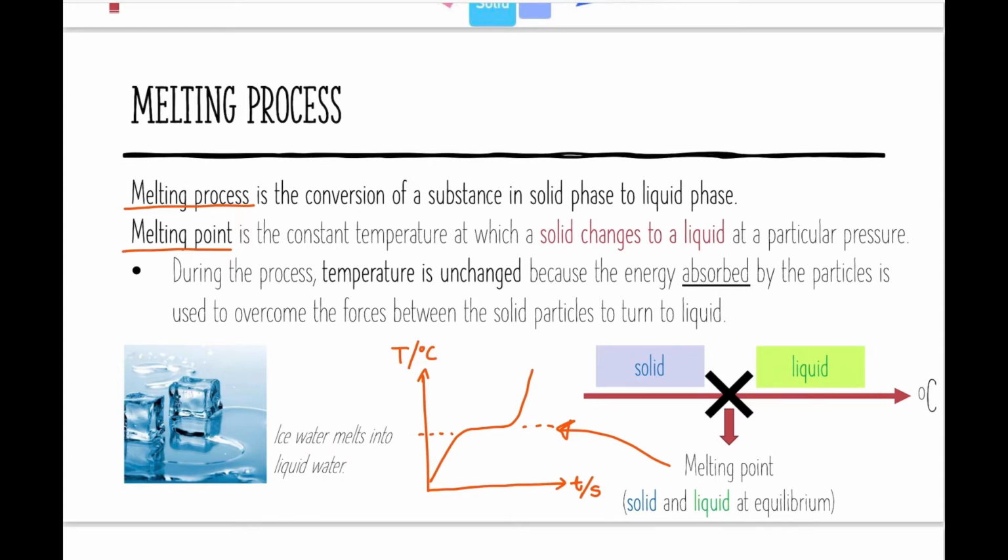Before the point, your substance exists as solid, and after the point, it exists as liquid. Common example is when ice melts into liquid water at 0 degrees Celsius.